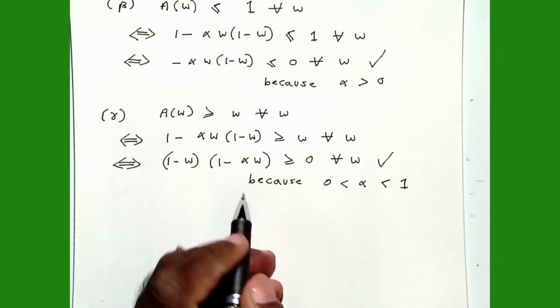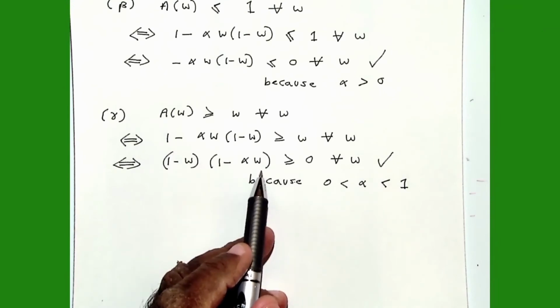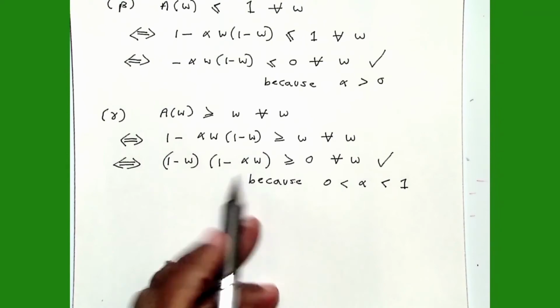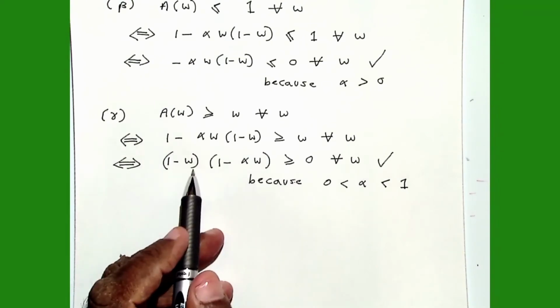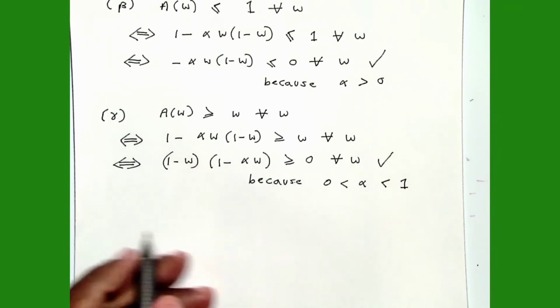Okay, so if alpha is between 0 and 1, then 1 minus alpha w will be a non-negative number, and 1 minus w will also be non-negative, so the product will be non-negative, right?